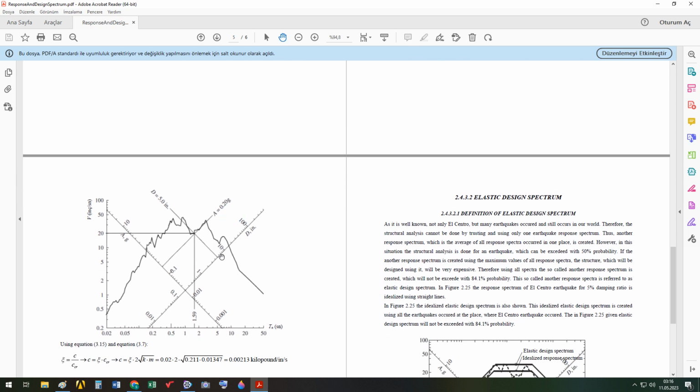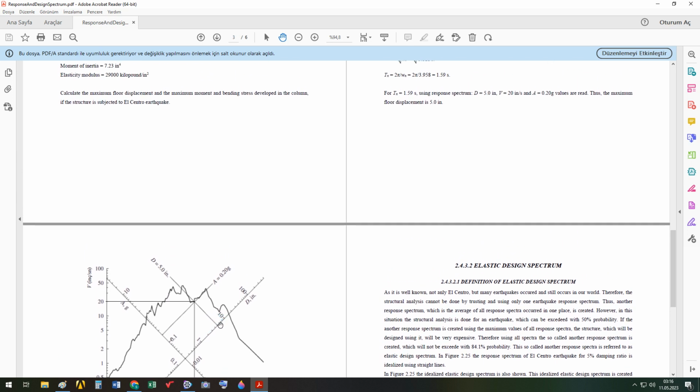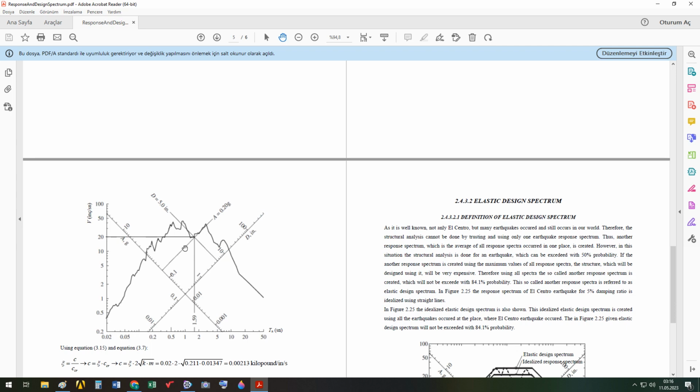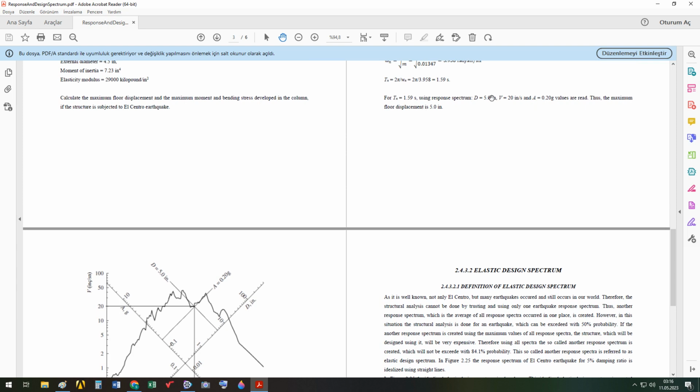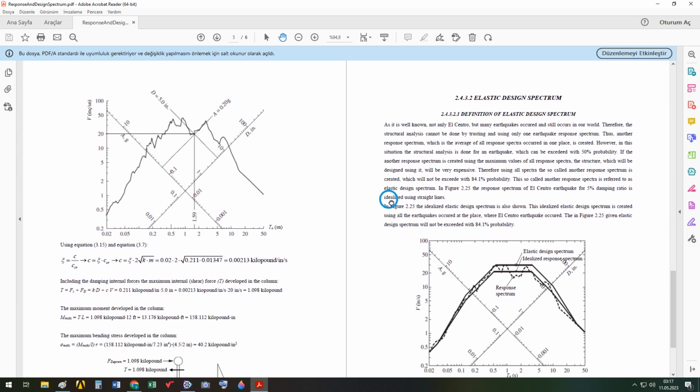We draw a perpendicular to the maximum displacement axis and obtain the value 5. Then we draw a perpendicular to the acceleration axis and obtain the value 0.2 g. Okay, we got those values.